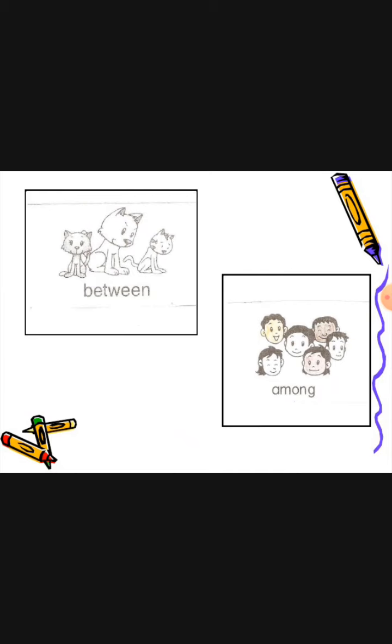It means he is surrounded by more than two people. So when something is with more than two, we use among. And when something is with only two things, we use between.